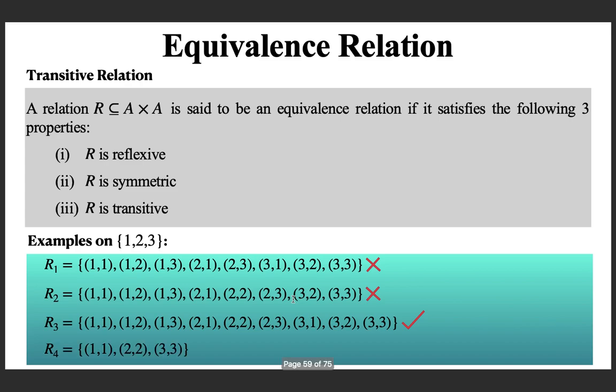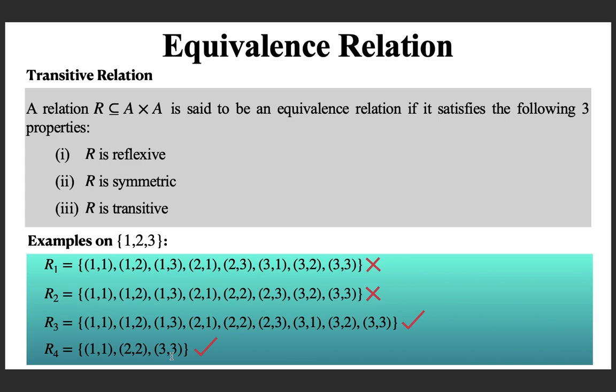And I am giving you another simple relation which you can also verify as an equivalence relation, which is actually the simplest equivalence relation on this set, because to be reflexive we need all these 3 pairs, and those 3 pairs form an equivalence relation, which is the simplest equivalence relation on that set. And for any given set, you can have a set of n pairs, if n elements are there, forming an equivalence relation.